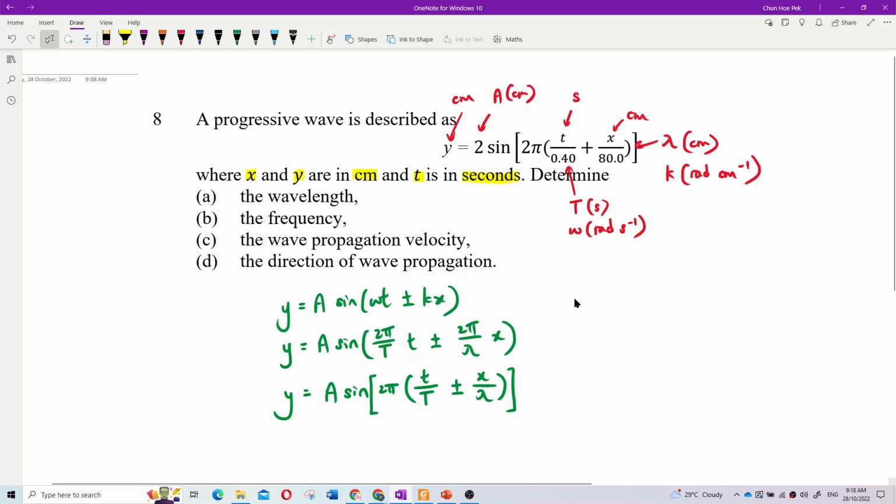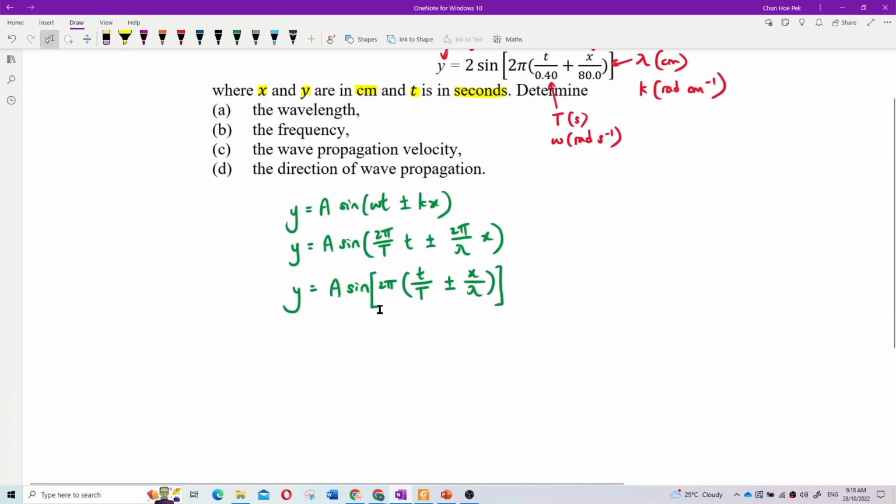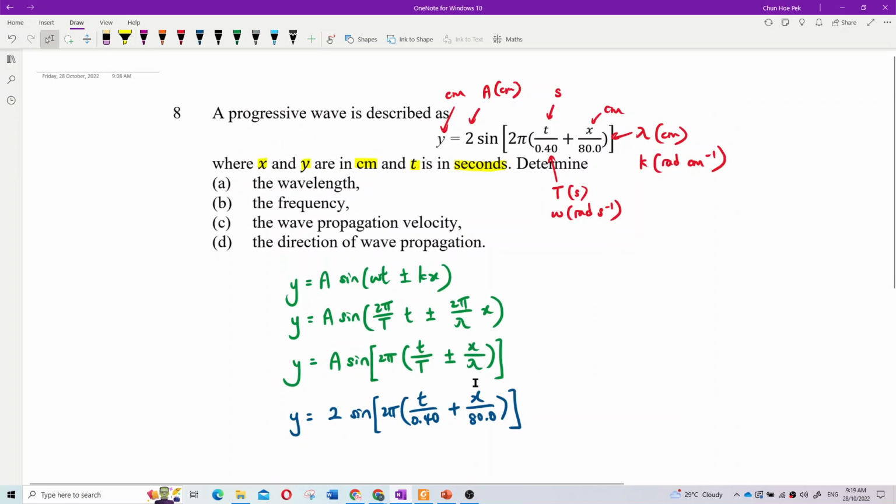Okay, so from here we can see. Maybe you can just write down below: y equals 2 sine 2 pi, and then what do you have there? 0.40 plus x over 80.0. That's your given formula. Now we can compare.